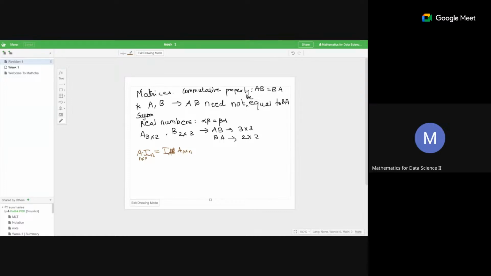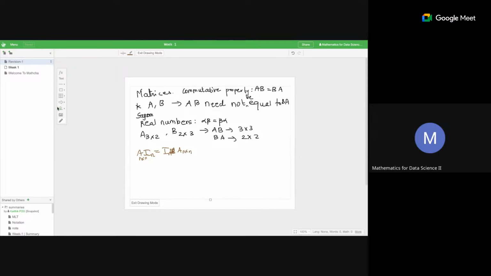Then you have the various distributive properties, distribution over scalars and also with matrix multiplication is given there. So these are some matrix properties which you can easily understand with examples.